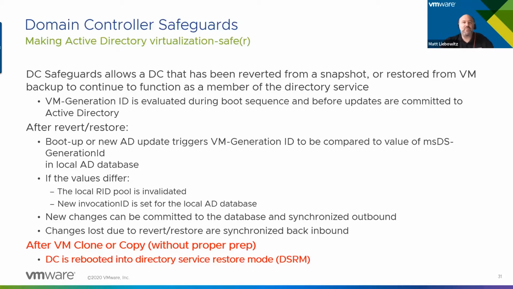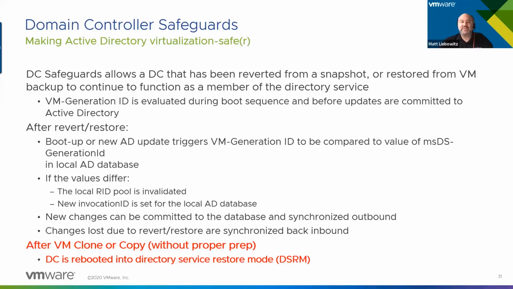So after you perform a reversion of a snapshot or a restore, when you boot up, Active Directory triggers generation ID to compare the value between the gen ID for that VM and the value stored in the local copy of the Active Directory database, the MSDS generation ID. That's why that value doesn't replicate. It needs to stay with that VM.